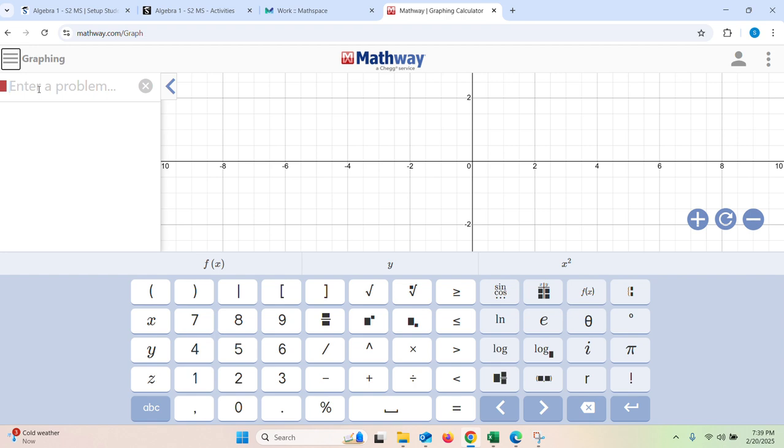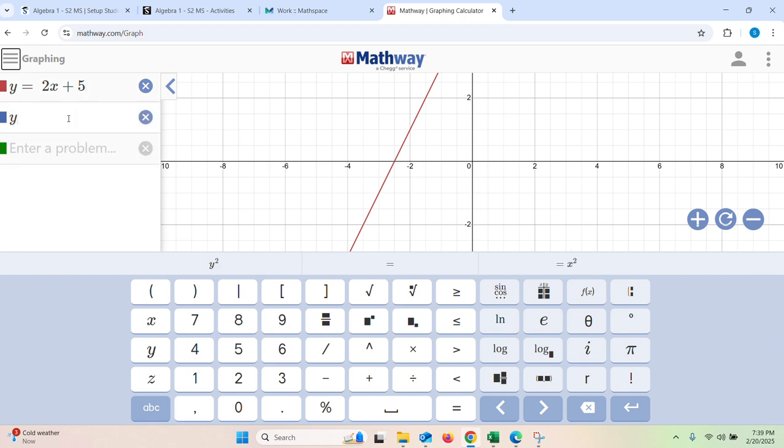But just so you know, I think what's coming up is systems of linear equations, and you can do a lot of that here. So you just type in the linear equation, however it's given, and it graphs it for you.